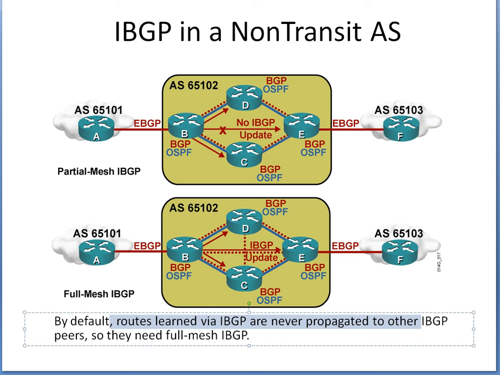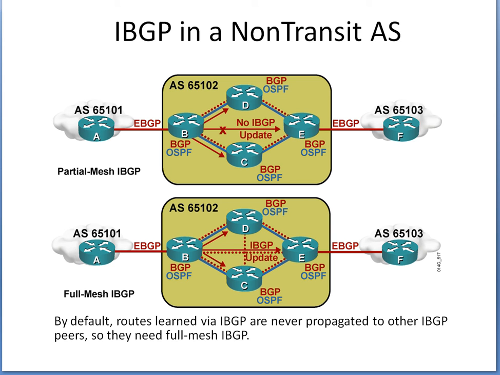So how will you solve this problem? I want to reach from A to F. If D is not going to give to E, how can A reach F? The solution is you need to have a fully meshed IBGP, meaning you need a BGP neighbor relationship with E also from B. B should have neighbors D, C as well as E. Only then will updates be sent.